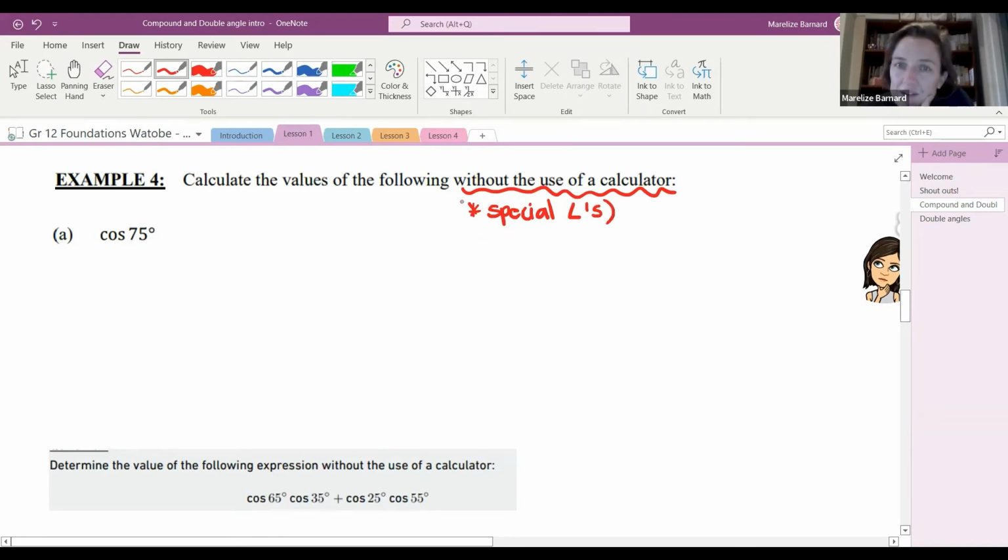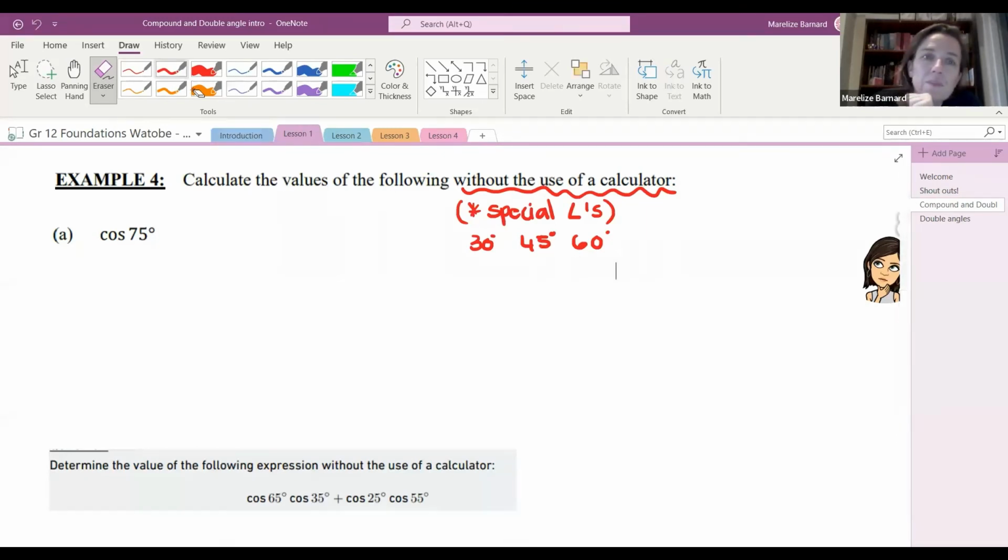Special angles, 30, 45, 60. Those are our special angles. Also 90, 180, 360, etc. So all the multiples of 90 are special angles as well. But for now, we're going to focus on using our special angles, 30, 45, 60.